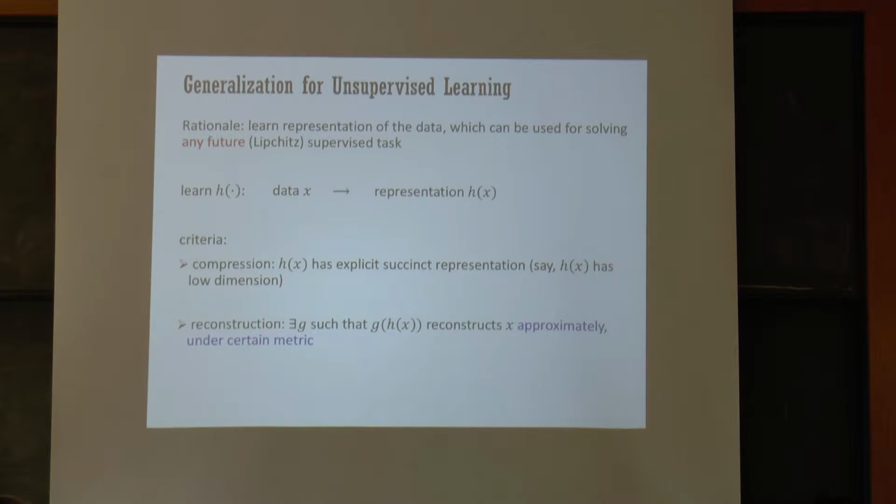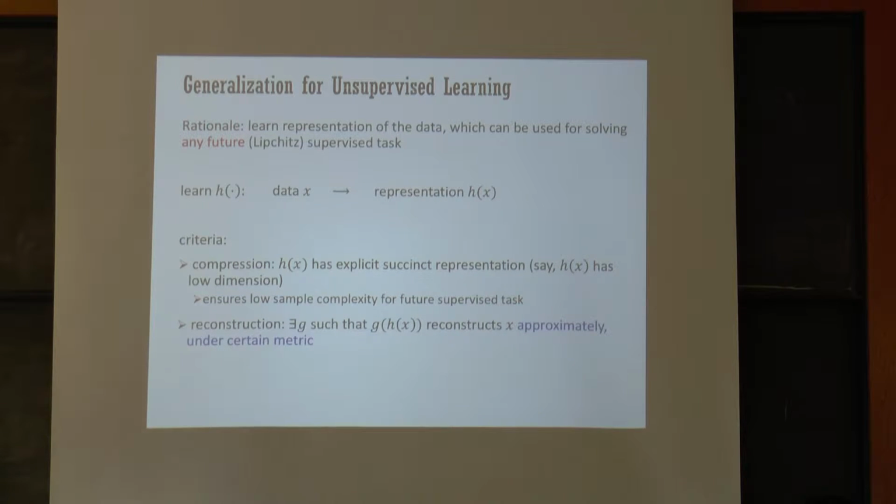And we have two criteria that evaluate the quality of this function. One is compression. We want the representation to be explicitly succinct, say h of x has low dimension, or is in {0,1} bits, and this will ensure that we have a low sample complexity for future supervised tasks.